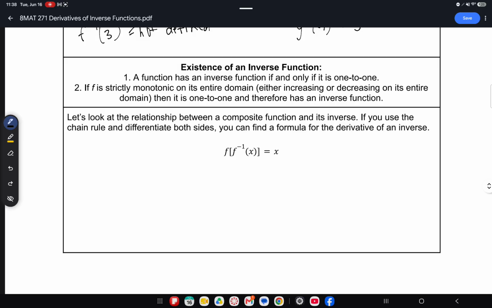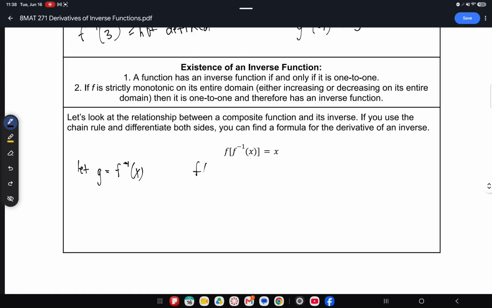So let's look at this relationship between the composite function and its inverse. I think if we use the chain rule and differentiate both sides, we might be able to come up with a generic formula to find the derivative of an inverse. So let's just let g be that inverse of f.